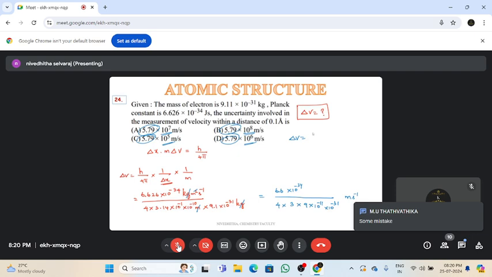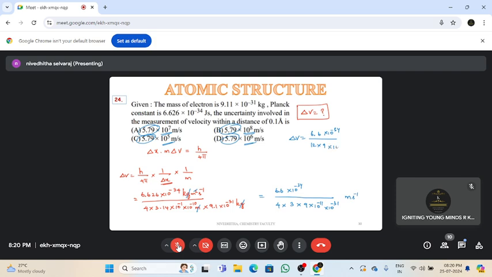Okay, Tatvatika, please check. So first you simplify all those 10 powers, and after that you calculate all those numbers and please come up with the value. 6 divided by 12 into 9 into 10 power minus 34.